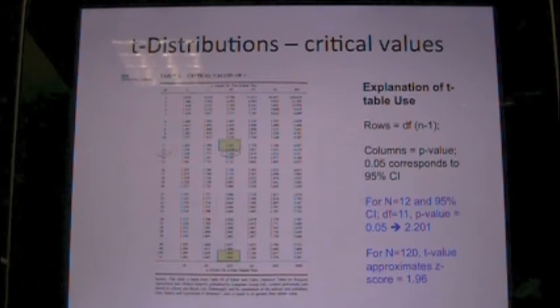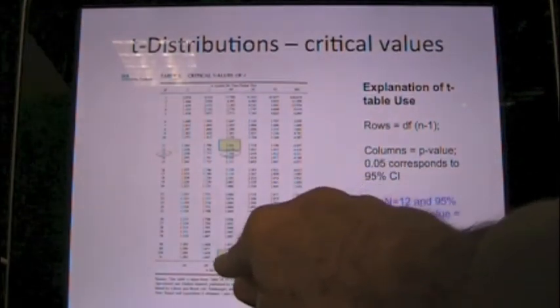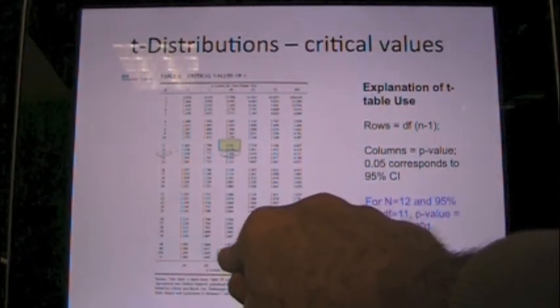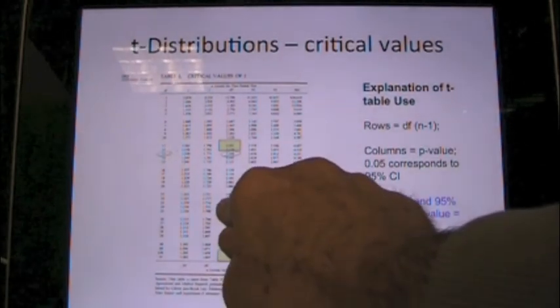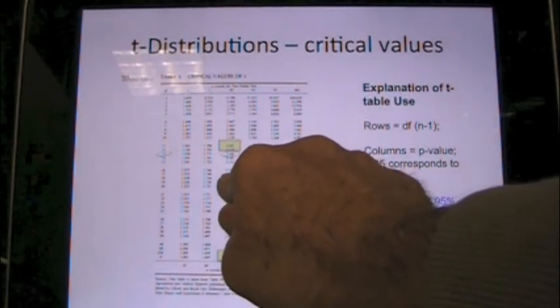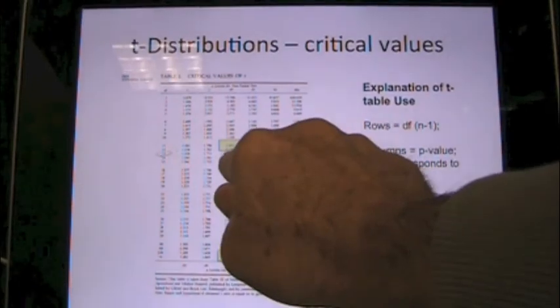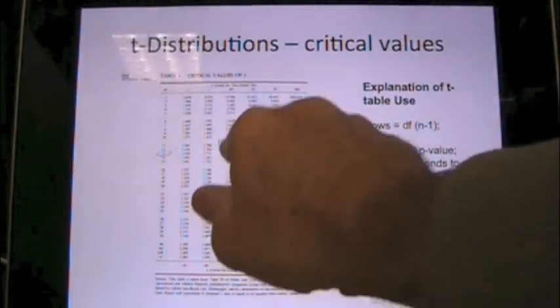If the sample size becomes smaller than 120, you move further and further away from the normal curve, and your t values go from 1.96 to 2.0 to 2.021 to 2.0245 to 2.056, 2.08, 2.12 at 16 degrees of freedom, at 11 degrees of freedom 2.2.